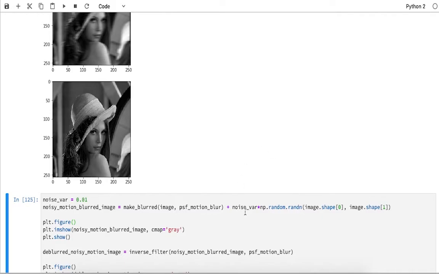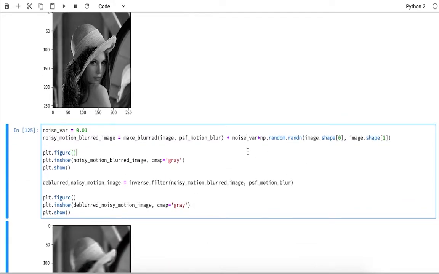When I multiply with the noise variance, I get noise with whatever variance I want. It's white Gaussian noise, and I'm giving it a shape, because I wanted to generate a specific size of these IID noise samples. So basically, each point is independently, identically distributed.